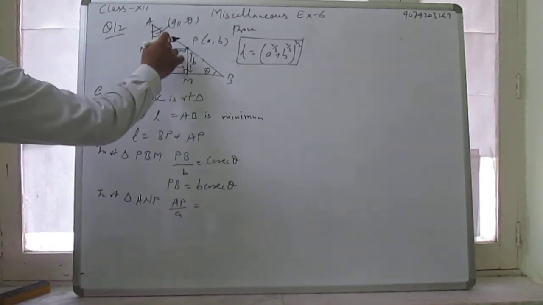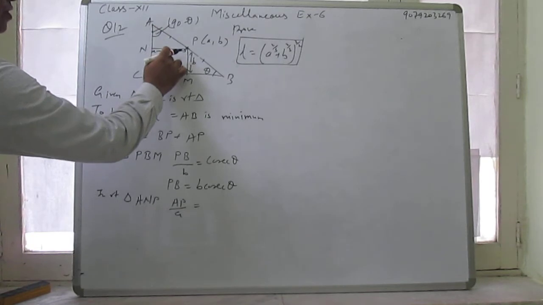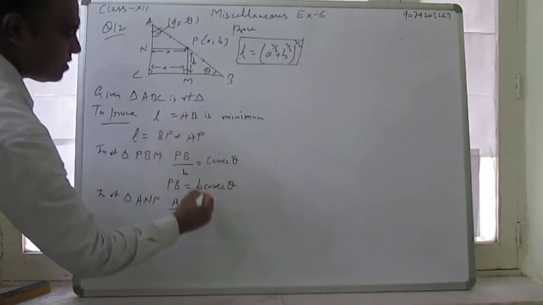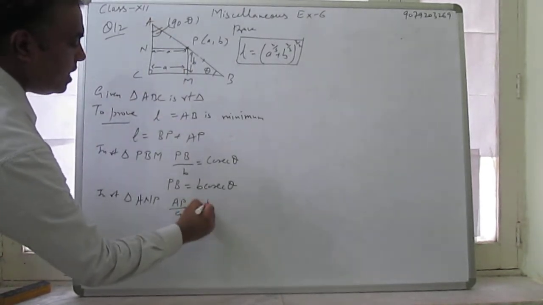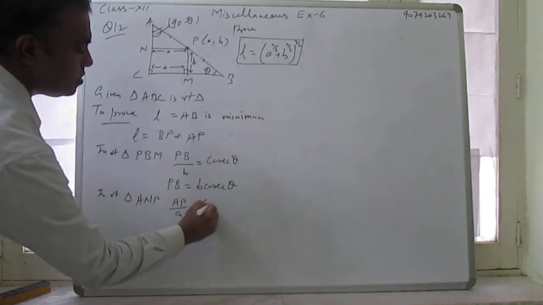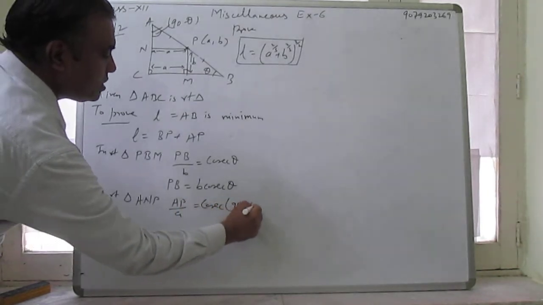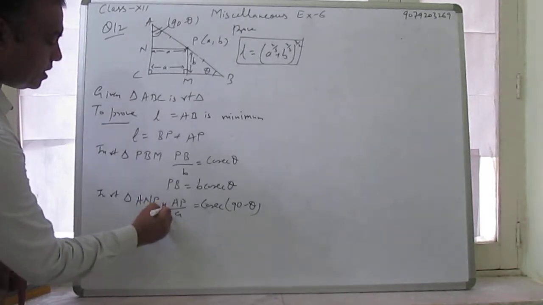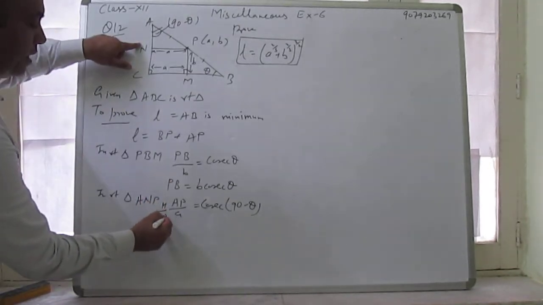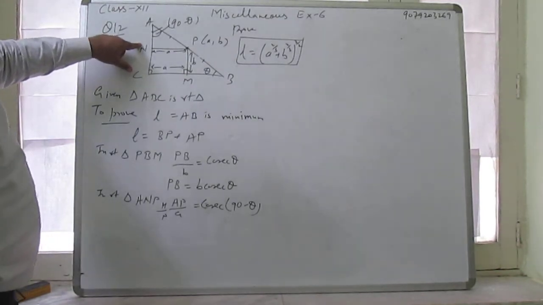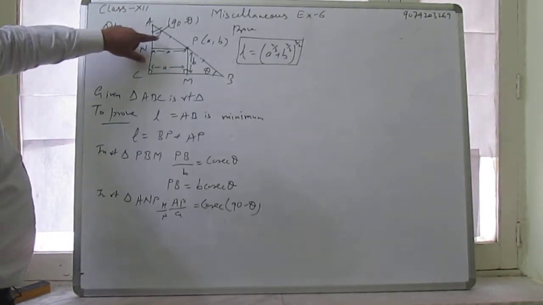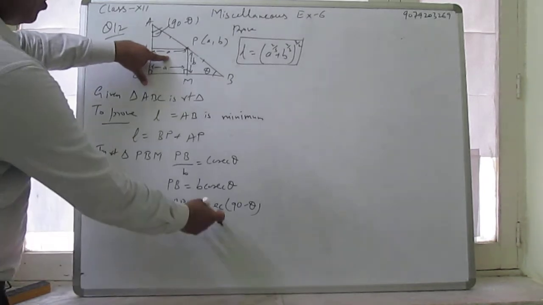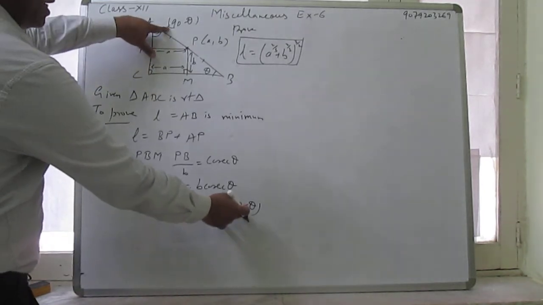Here H upon perpendicular is cosec of the angle, and the angle is 90 minus theta.